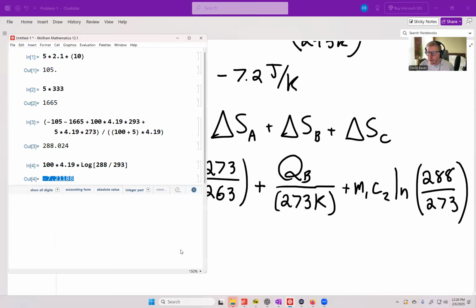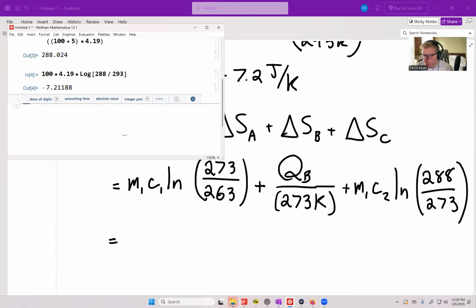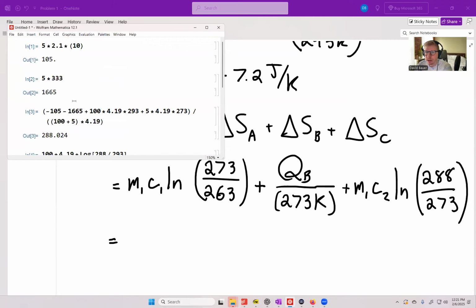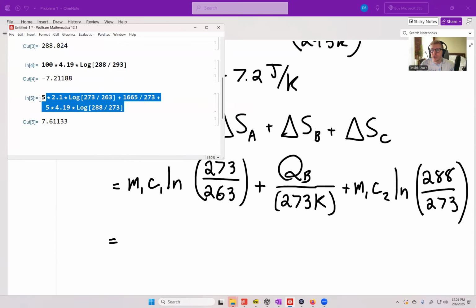So 5 times 2.1 times this logarithm, plus my QB, that was the 1665 we calculated earlier, divided by my temperature, and then 5 times 4.19 times this logarithm. And everything here is positive because it all involves energy transfer into the ice, heat flow into the ice.